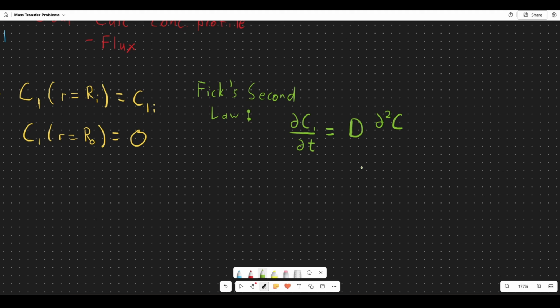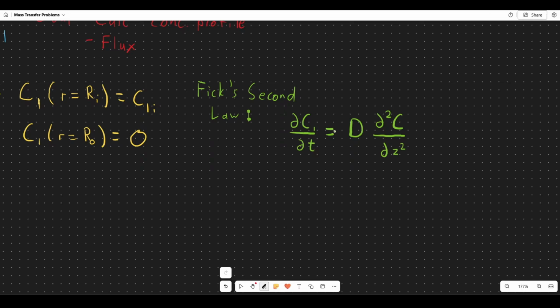In this case, it would not be a partial derivative because we're dealing with only one direction, but you'll see that it's really important. Fick's second law, let's say it's in the Cartesian coordinate system, so this is what you're used to seeing. But I already said that this is probably going to be the cylindrical coordinate system.